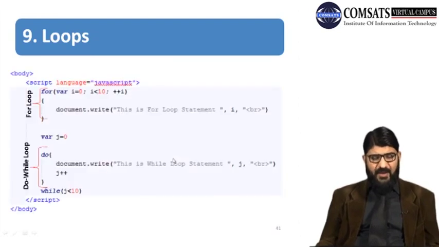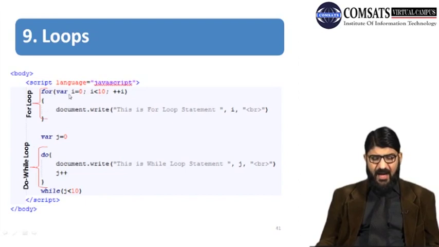Let's see an example of a for loop and while loop in an HTML code file. It is basically internal JavaScript. In the body tag the script language is called, and now the for loop is written.